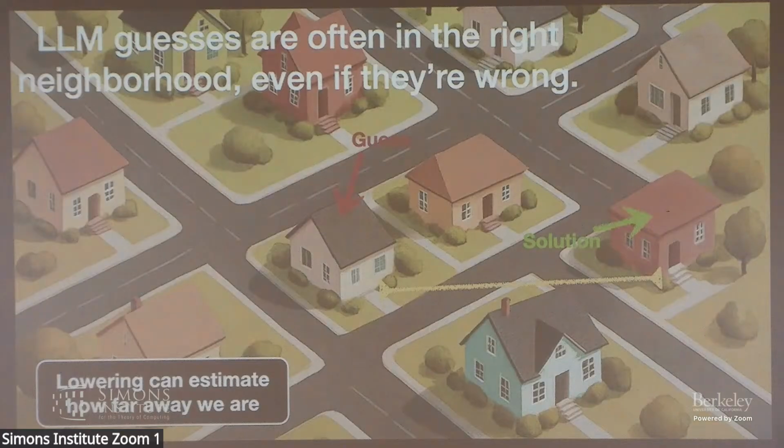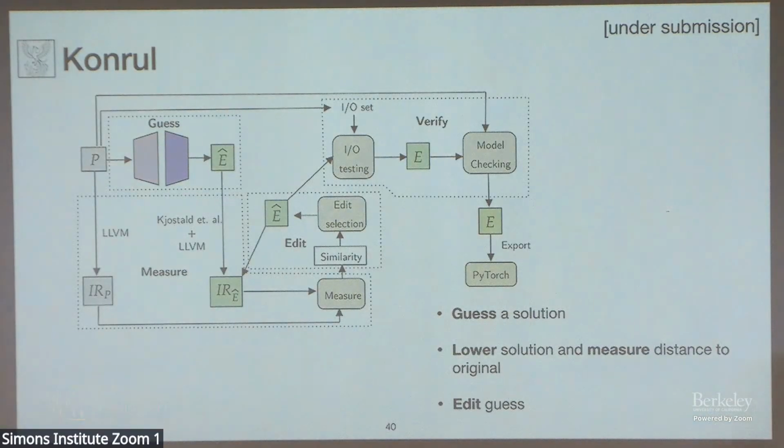Essentially, the next bit of work that we have done is we're saying, okay, we want to lift, but let's use lowering to estimate how far away we are from our actual solution. And that gives us ConRule.